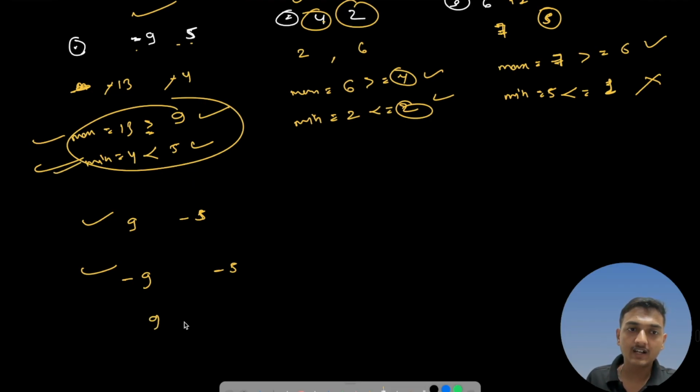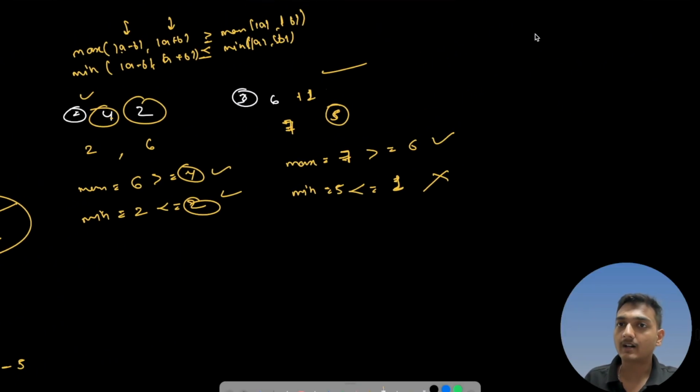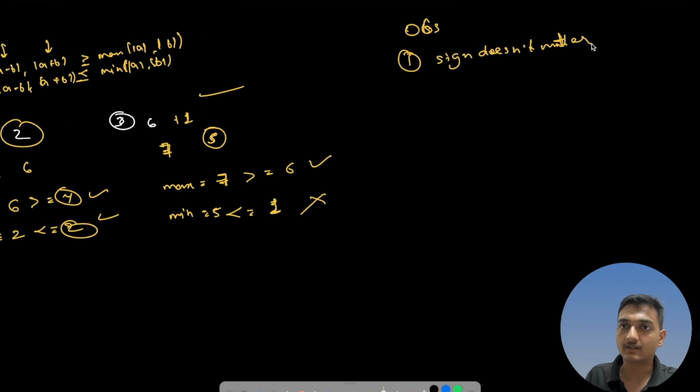If you get something like 9, 5, the condition will still be satisfied. So the first observation is that sign doesn't matter. Let me write it: sign doesn't matter. Superb.